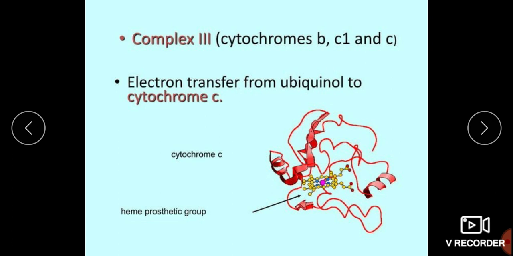Then complex 3 is with cytochrome B, C1 and C. This complex 3 transports electrons from ubiquinol to cytochrome C, and these cytochromes have heme as their prosthetic group.